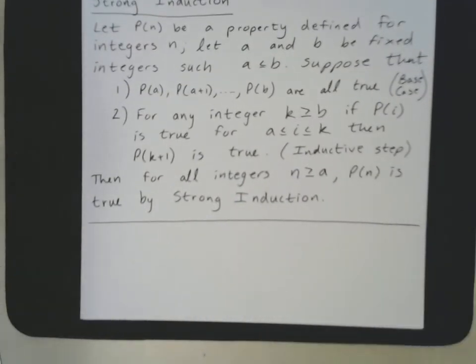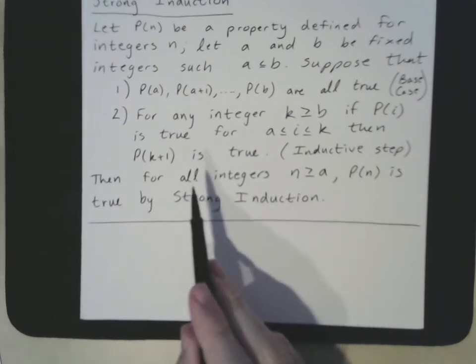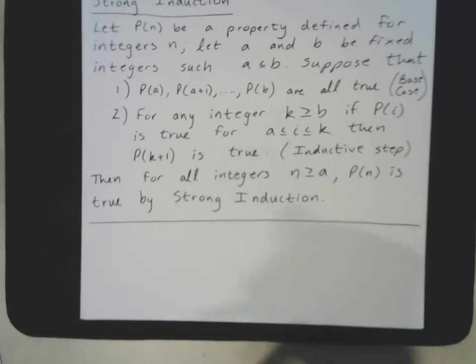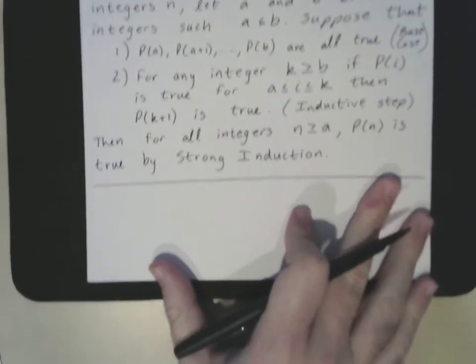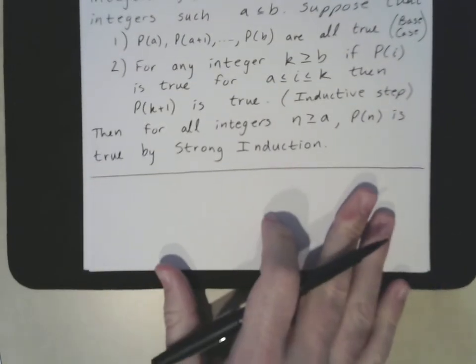So strong induction has a little bit more setup. It's a little more complicated in your inductive step, but it works very similarly. So let's walk through a proof using strong induction.